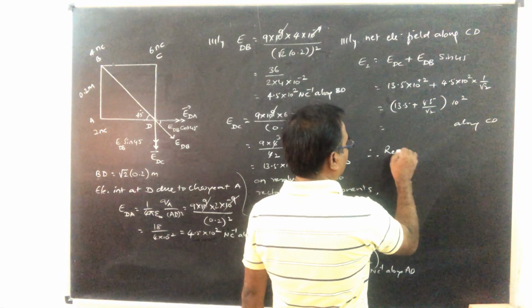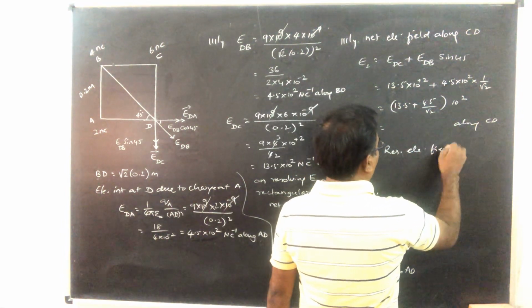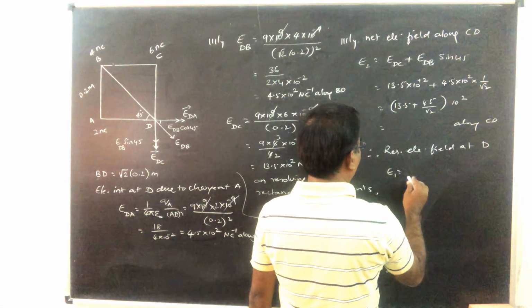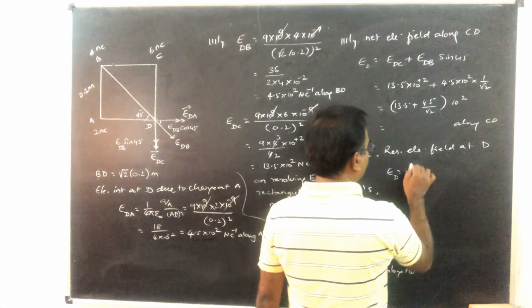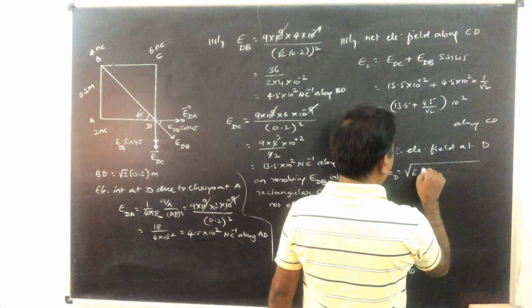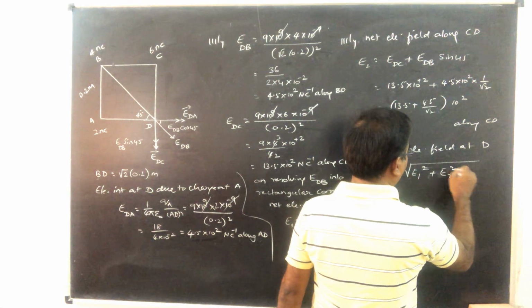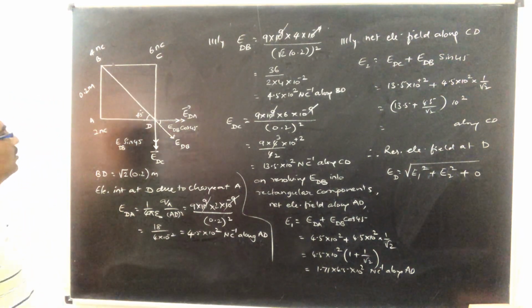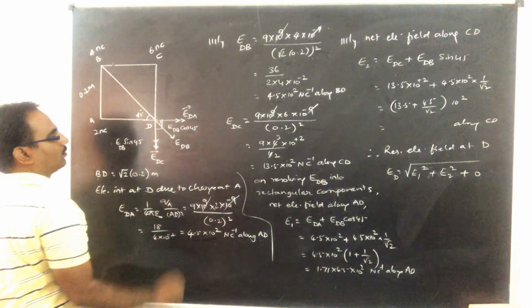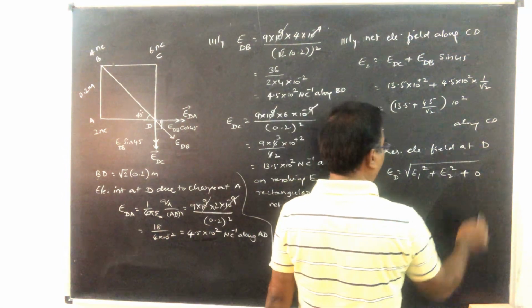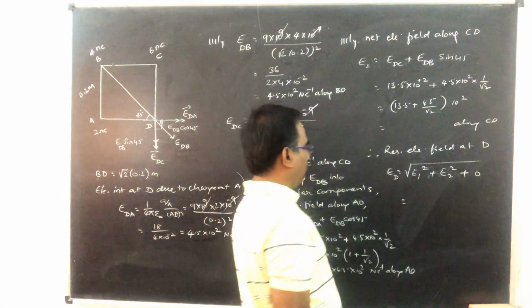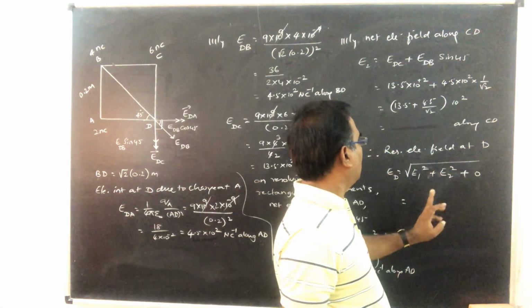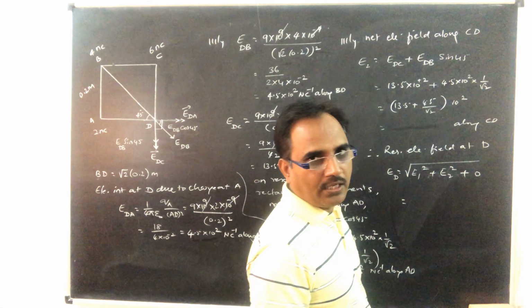Therefore, the resultant electric field at D, ED, is equal to root of E1 square plus E2 square plus 2 E1 E2 cos 90, because this angle becomes 0. So you calculate this E1 using your calculator, E2, you take those two values and you find ED.